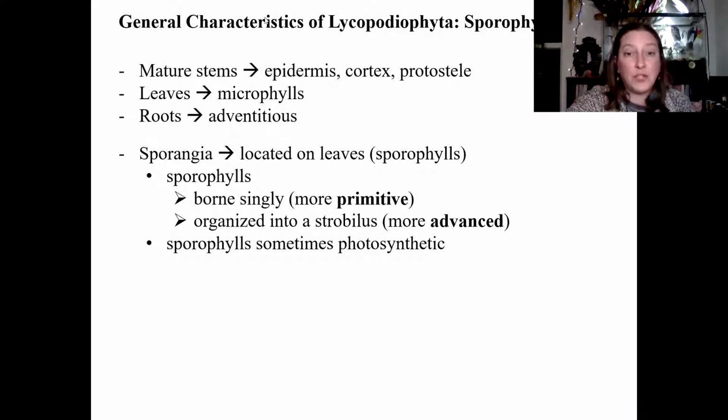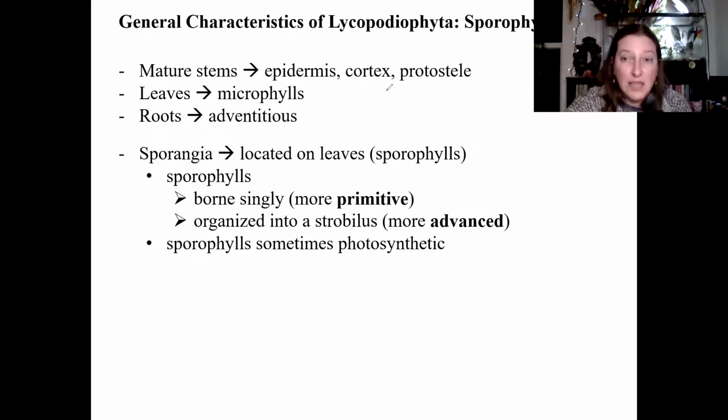This is another refresher. If you're talking about Lycopodium or Selaginella, the lycopods, Lycopodiophyta, where are the sporangia located on the sporophyte plant? They are located on leaves. I said this a bunch of times last time too.